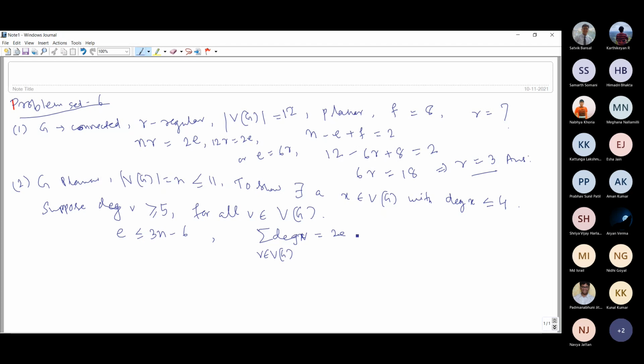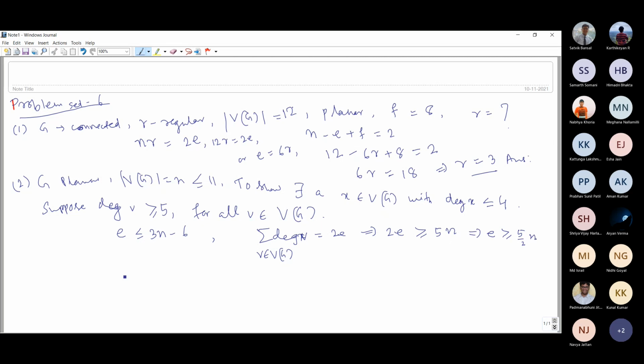If degree of every vertex is greater than or equal to 5, then you get that twice E is greater than or equal to 5n. This is what you will get. Right. Then E is greater than or equal to 5 by 2 n.